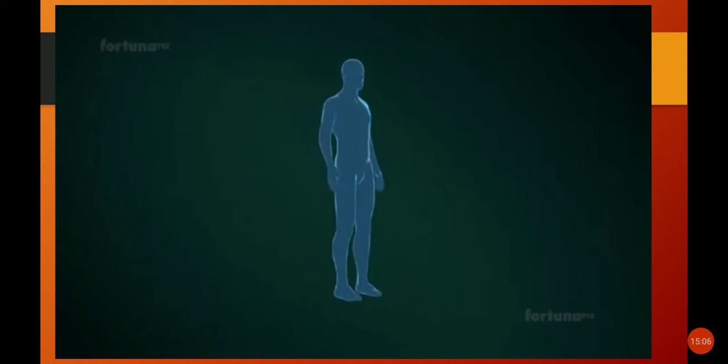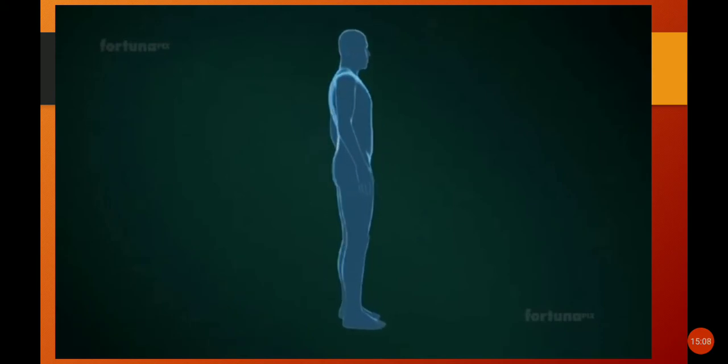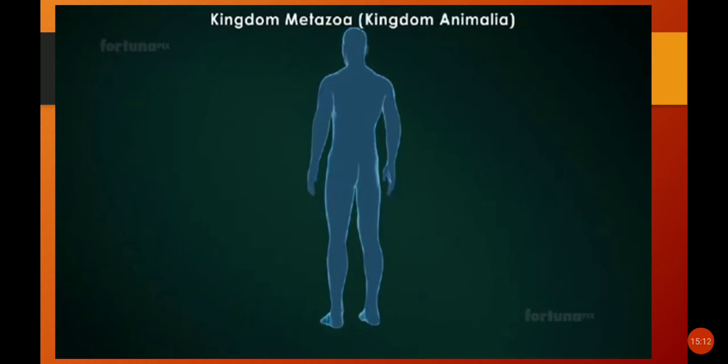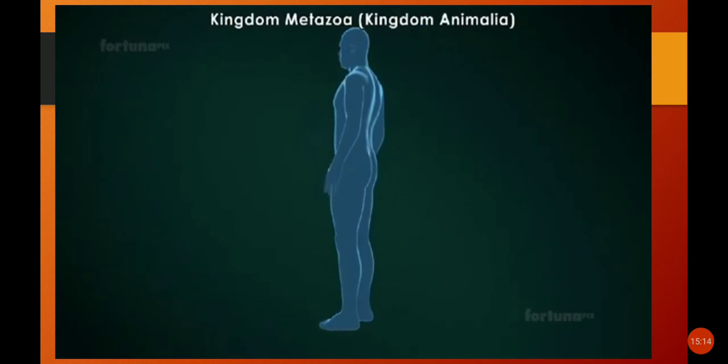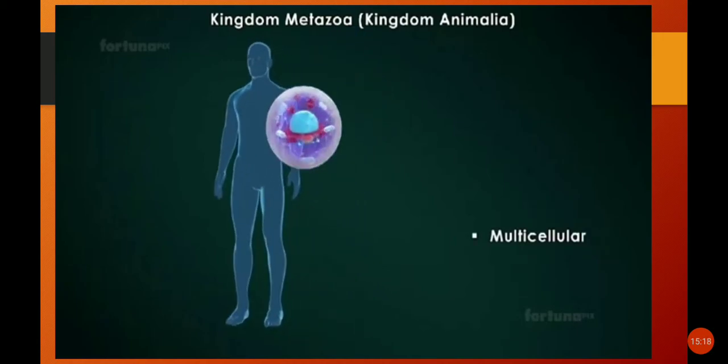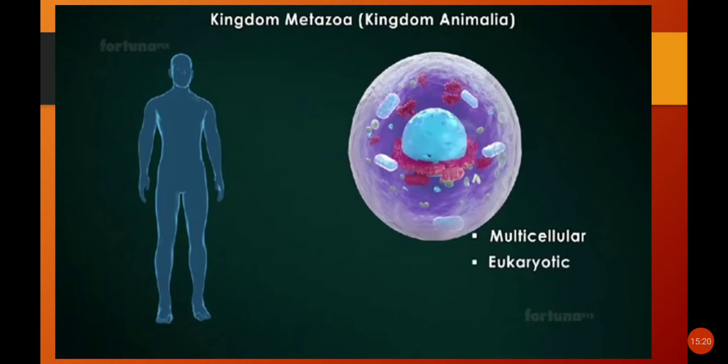Finally, we reach the kingdom with the most complex organisms, Kingdom Metazoa or Kingdom Animalia. It includes animals, which are multicellular organisms. The cells of these organisms are eukaryotic, and although they do not have a cell wall, they do have a cell membrane. All members of this kingdom have tissues and organs.